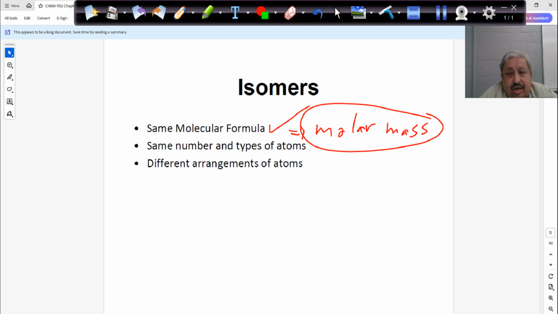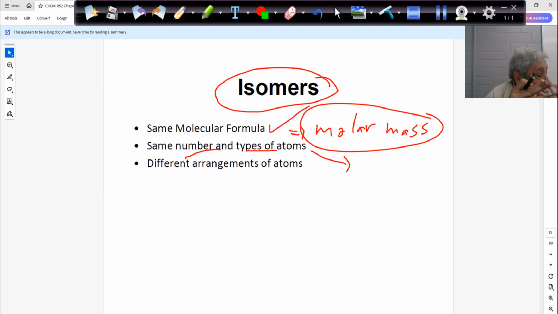So what are the other things? They have the same number and types of atoms. There's no change. The only change of the isomers means they are having the opportunity to rotate if they have a single bond. The rotation will leave some of the substituents or some of the groups attached at different space.